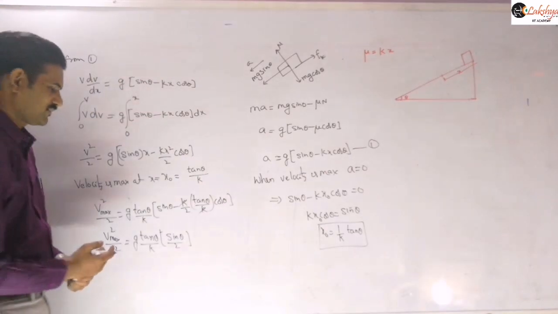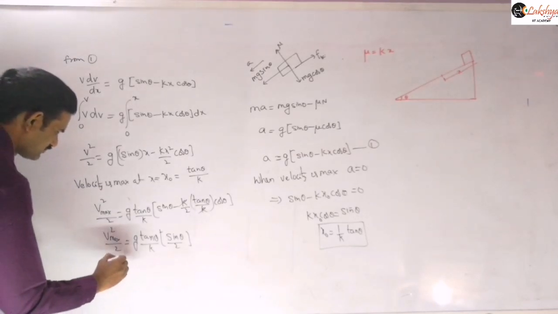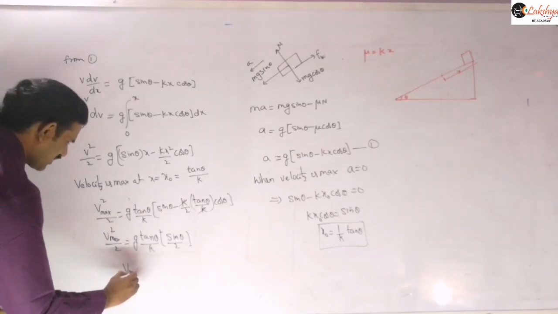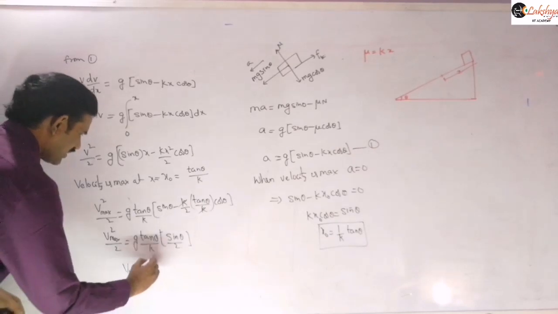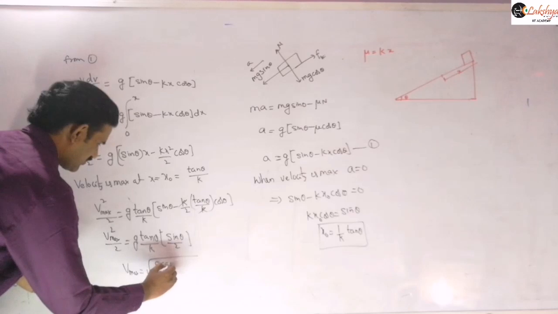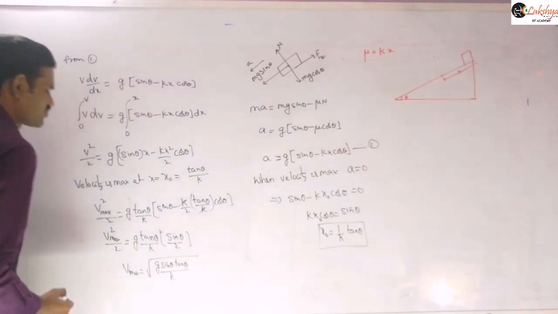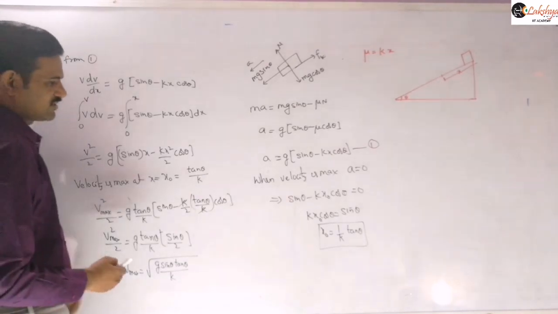And the 2 also gets cancelled there. So therefore v max is equal to under root of g sin theta into tan theta by k. So this will be the maximum velocity there.